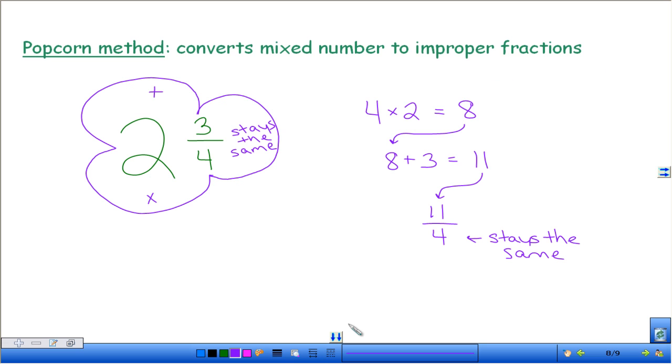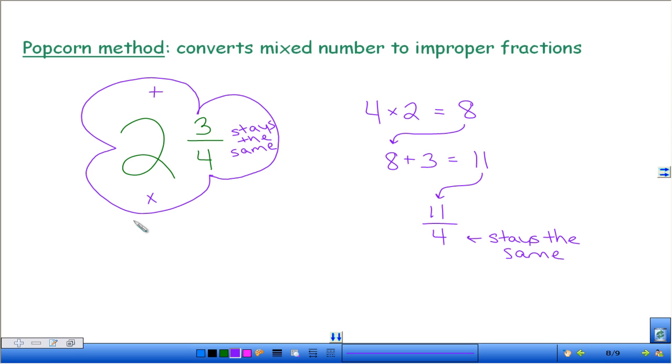So to change a mixed number to an improper fraction, there's something I like to call the popcorn method. Some of my students last year called it the cloud method because you actually draw lines that I think look like popcorn, okay, or cloud, whatever you want to call it. You don't have to write what's in green down, but we're going to do a bunch of examples together.